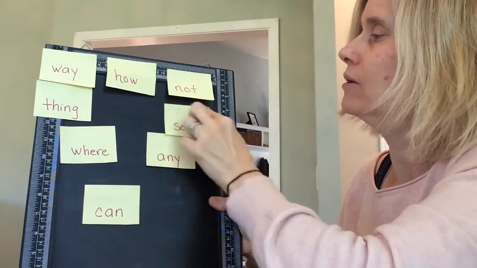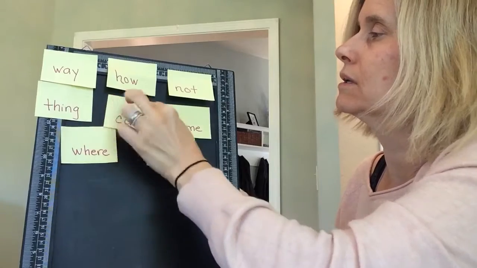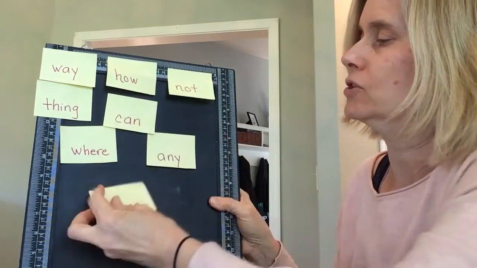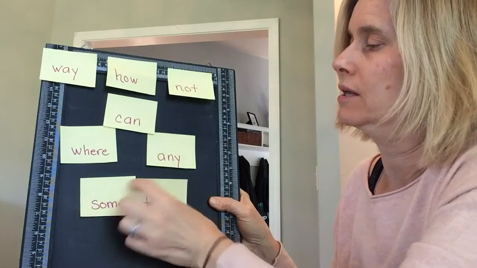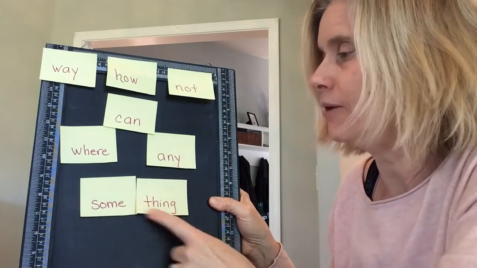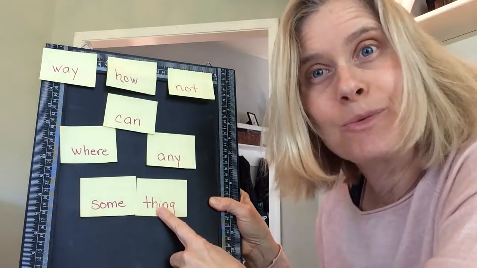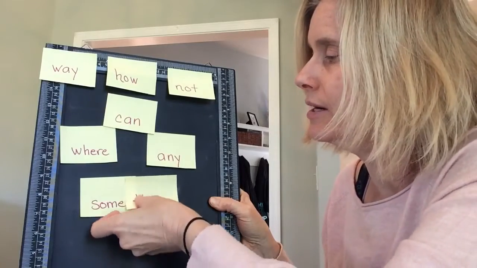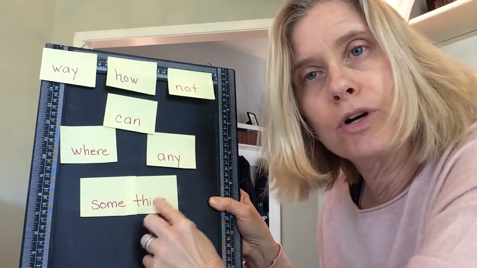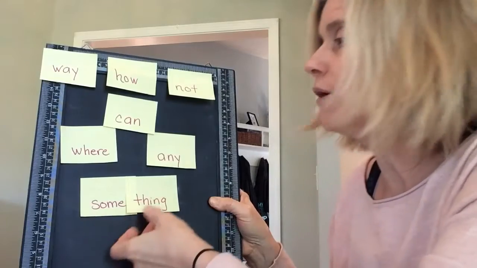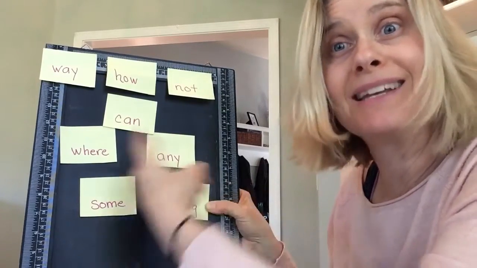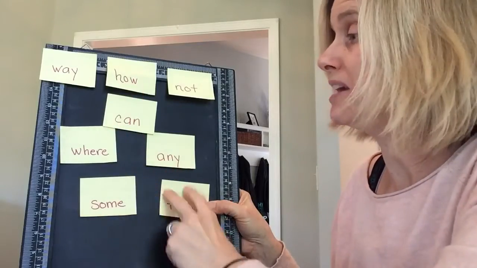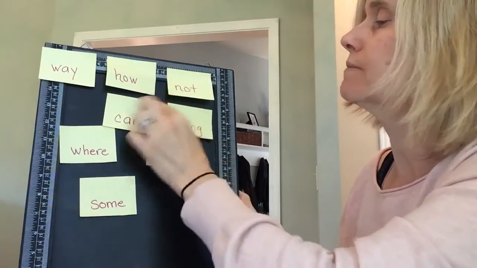How about if we took some and thing? Now we've got something. Oh, that's a word. Something is what's called a compound word. So now we know the word some, we know the word thing, and we know something. So that's 3 words by just knowing how to do 2 words.